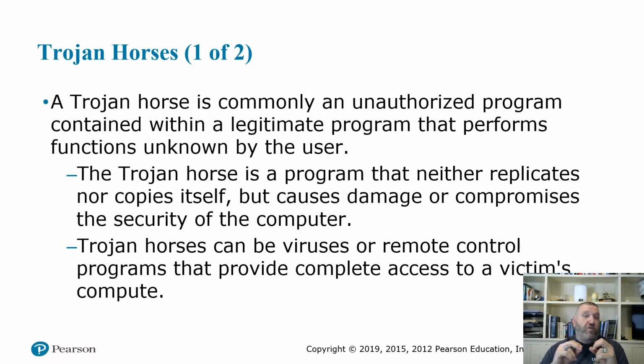Trojan horses are used extensively by folks that call you that say they're from Microsoft, and they say, hey, I'm from Microsoft, type in this URL, we're just going to check your computer, and what you've done is you've downloaded a program that's going to run, make it look like you're having diagnostics done.